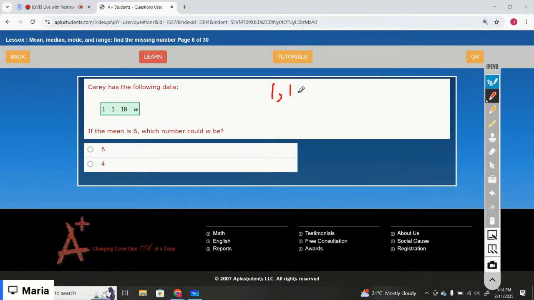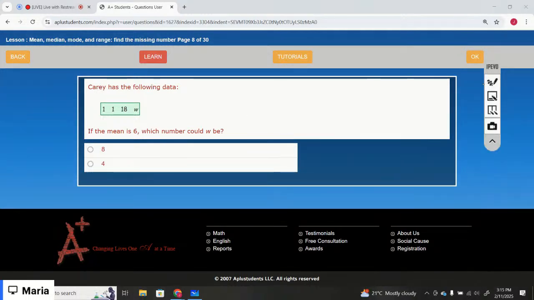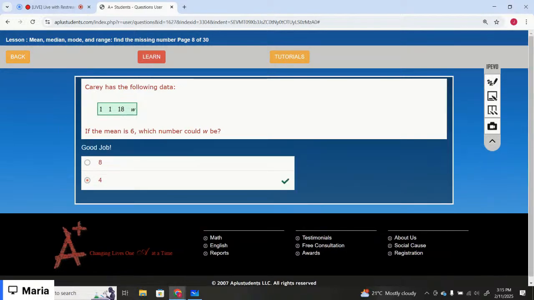The numbers are 1, 1, 18, and 8. The sum is 28, and 28 divided by 4 is 7. But we are given the mean is 6. So the correct option is 4. Option number 2 is the correct option.